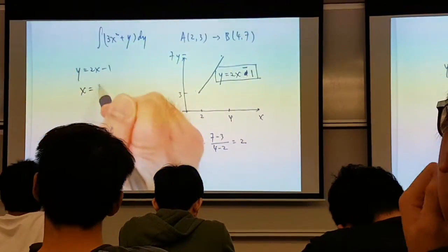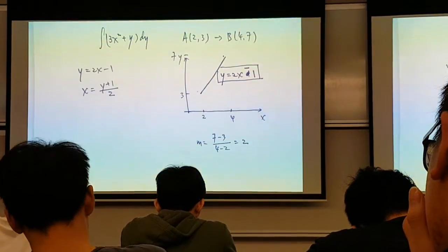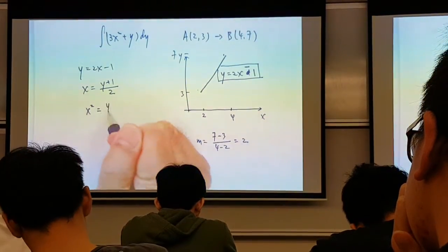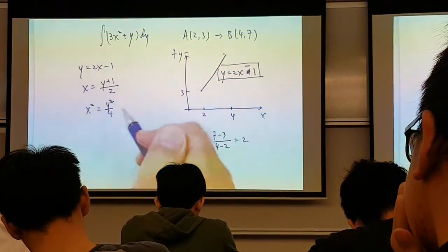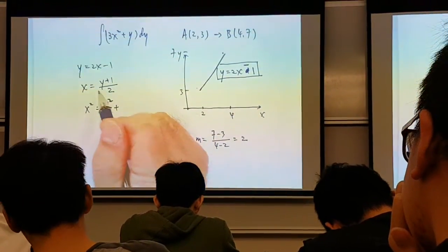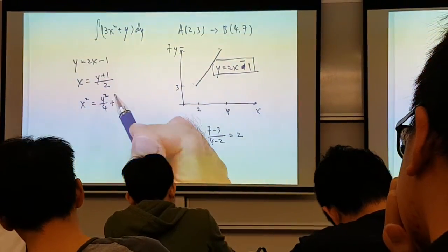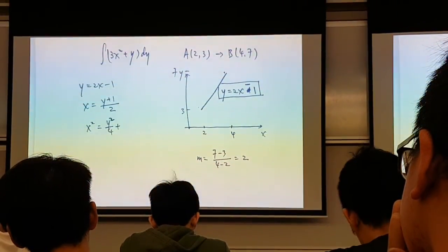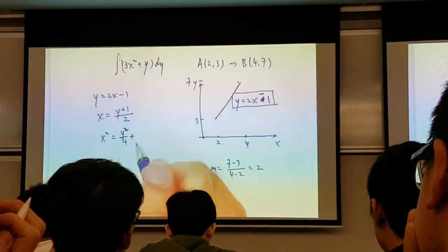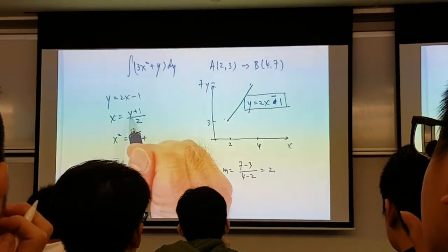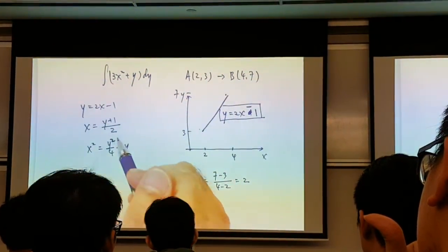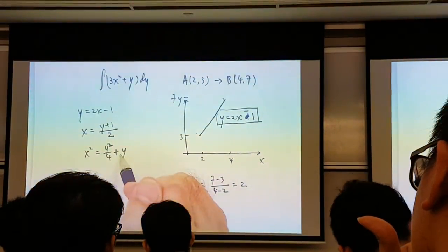So x is going to be equal to (y plus 1) divided by 2. So what does that give you for x squared? x squared is going to be equal to y squared divided by 4 plus 2y divided by 4, which is y divided by 2, plus 1/4.